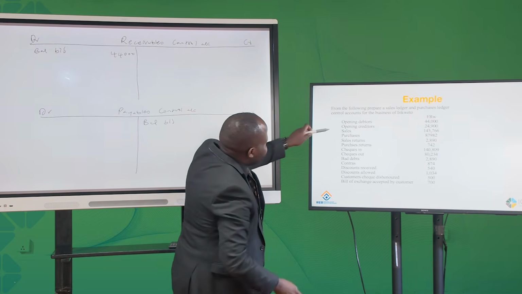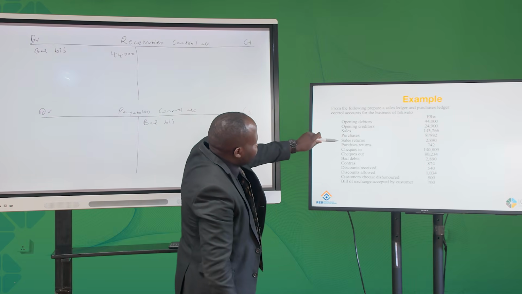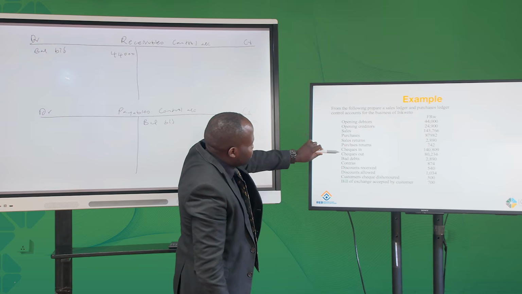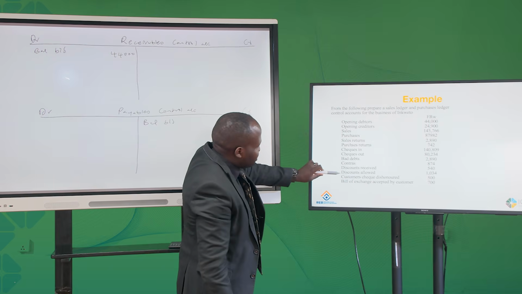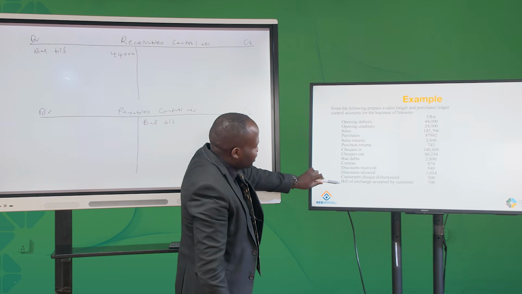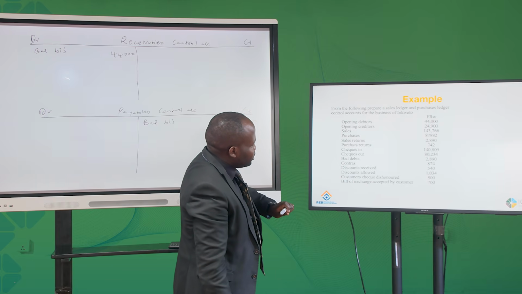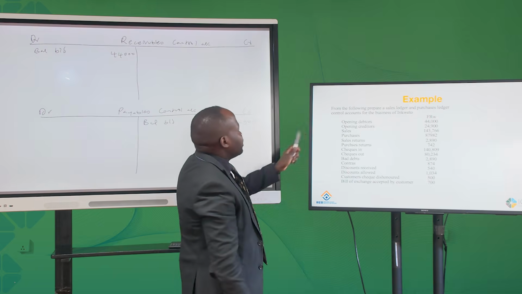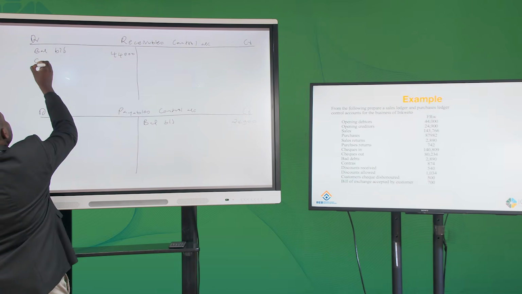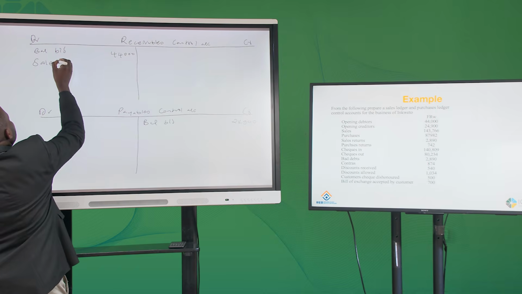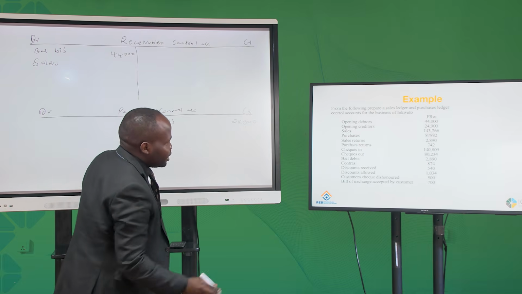Now you are being told sales, purchases, sales return, purchase return, checks in, checks out, bad debts, contras, discount received, discount allowed, customers' checks dishonored, bills of exchange accepted. So here we will post sales based on the assumption that all the sales are on credit.